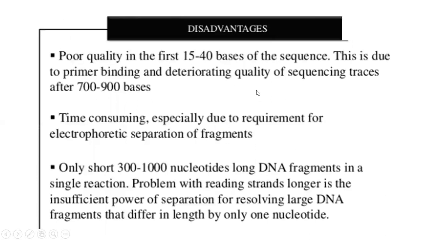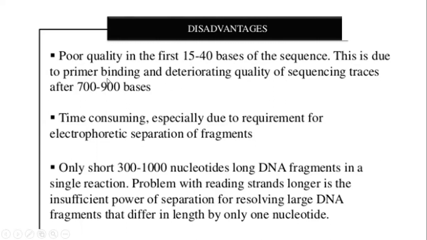Coming to the disadvantages. Whenever you have your sequencing output, generally the first 15 to 40 bases of the sequence are of poor quality. Poor quality means you're going to have multiple peaks instead of a sharp peak. So you're not very confident about the sequencing reaction in the initial 15 to 40 bases in your sequencing output file.